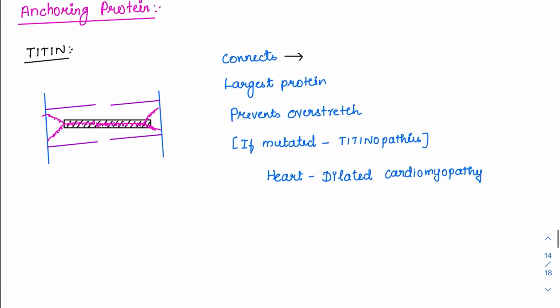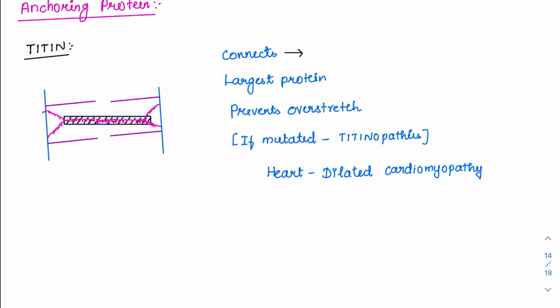Now coming to the other set of proteins, the anchoring proteins. As the name suggests, they are going to anchor and hold the muscle. One important protein is titin. There are several proteins, but one we have to keep in mind is titin. As you can see here, the central line we studied in the structure is the M line.